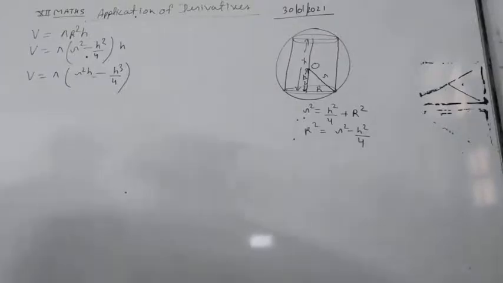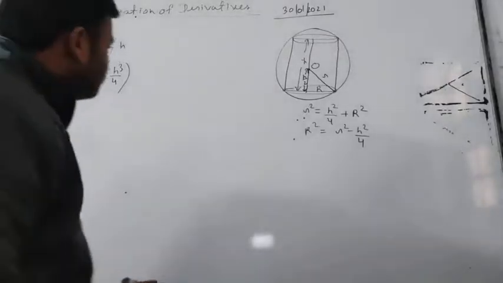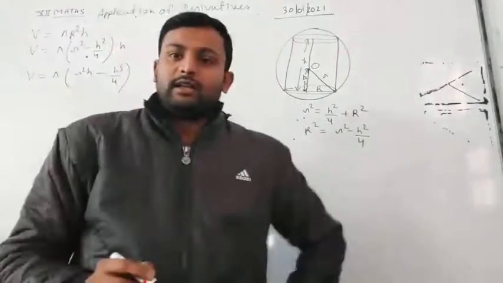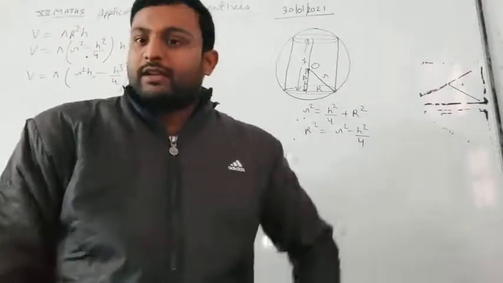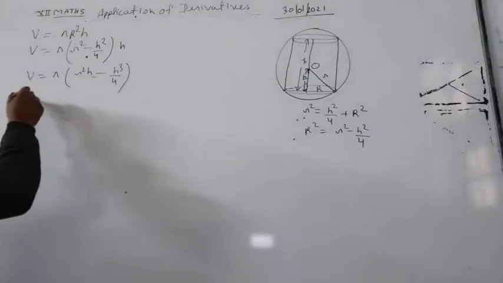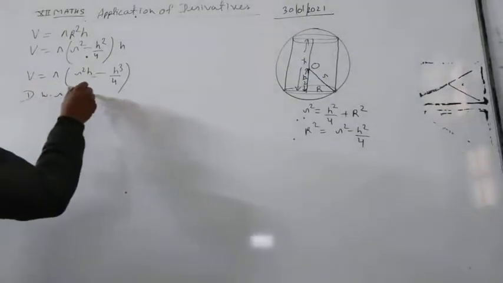Okay, so to maximize its volume, students, we differentiate, and we will find its second derivative. So now we are differentiating with respect to h, students.